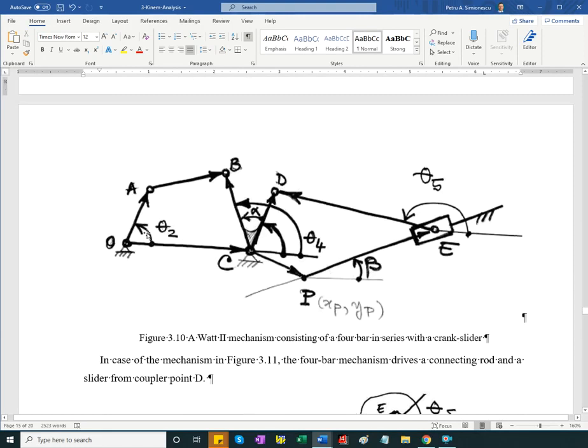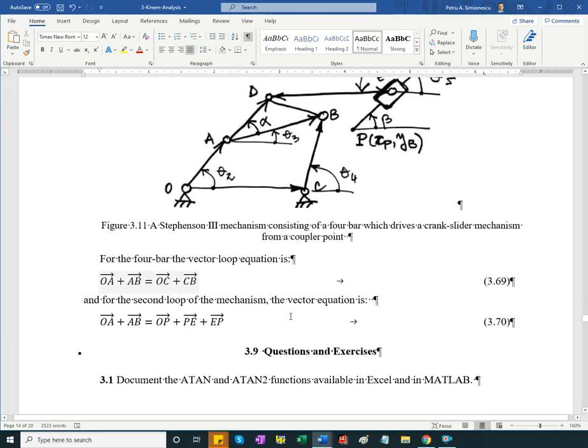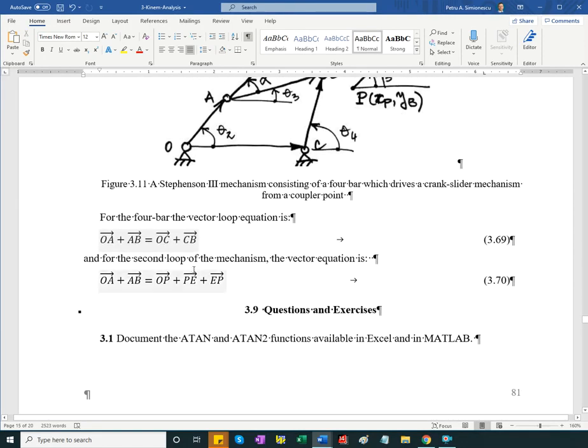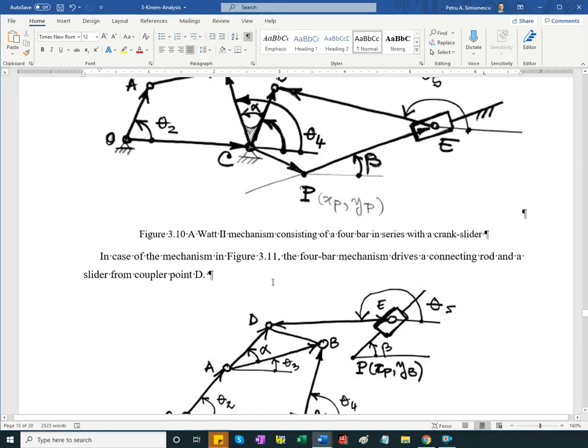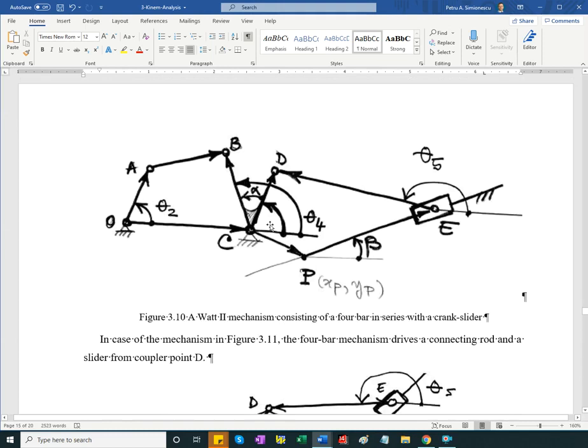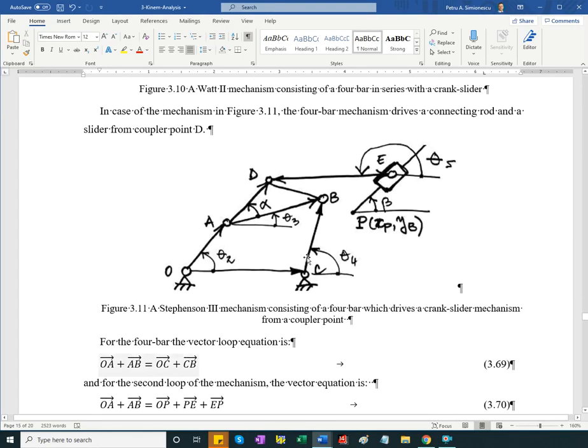I'm just giving the vector equations. Again, what connects them here would be the crank slider loop, with the input being the output link of the 4-bar, angle minus angle alpha.